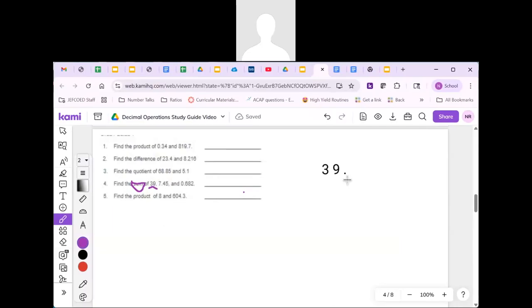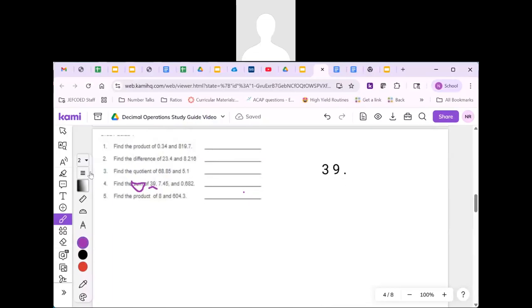So I'm going to go ahead and put it because when I'm adding, just like subtracting and dividing, you line up decimals, okay? All right, so if you are here just to find the answer, let me give that to you. So 39, add 7 and 45 hundredths, add 0 and 682 thousandths.